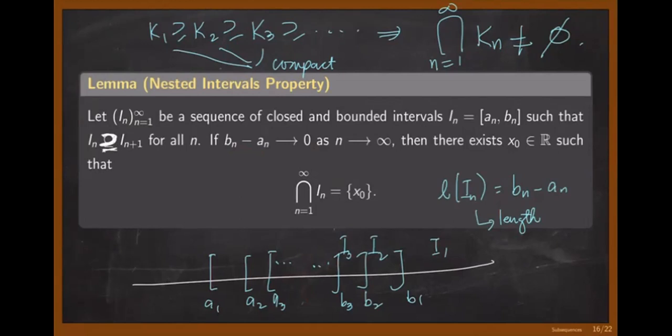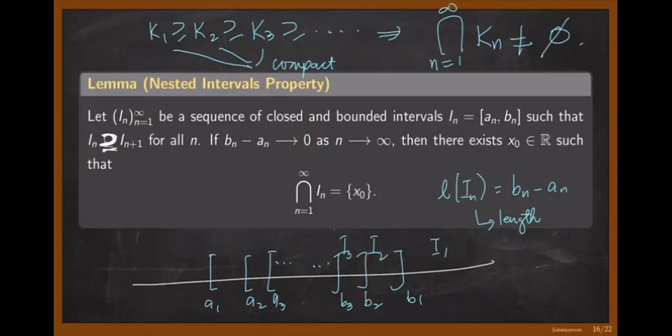Definitely by the Cantor's intersection property, there will be something in the intersection. But because the sizes of these intervals get smaller and smaller to 0, the only thing that will be left in the intersection is a single point. There will exist an x0 in the line where the intersection of these In is the singleton that contains x0. Isang point lang daw ang maiiwan na present sa lahat ng In.